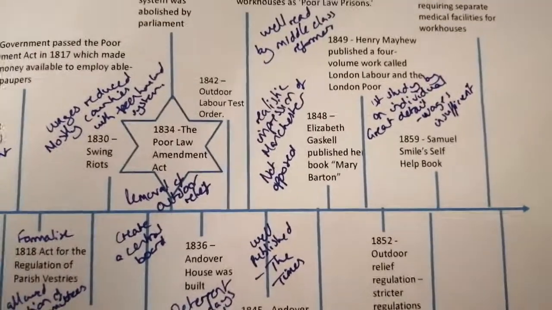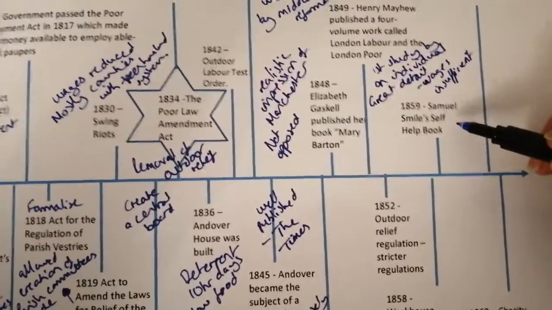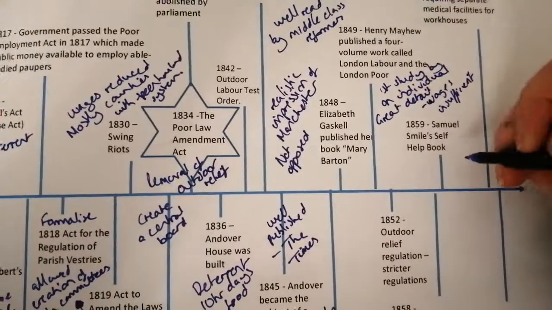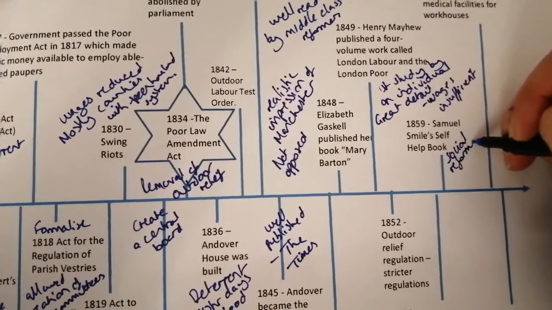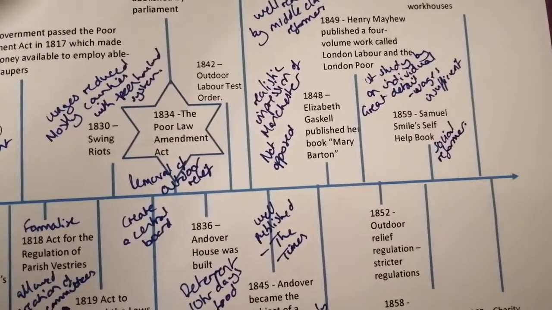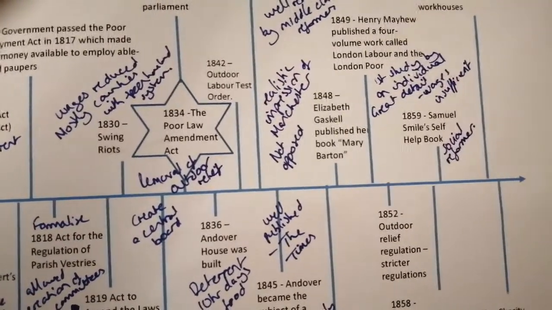Now, all these people you would think would have quite an impact, but actually one of the biggest impacts is from a man called Samuel Smiles. And Samuel Smiles is a social reformer, and he believed in this idea of self-help, that actually we need to give people the tools to help themselves and then they'll work. And this was very much loved by the middle class, who were already self-made men.